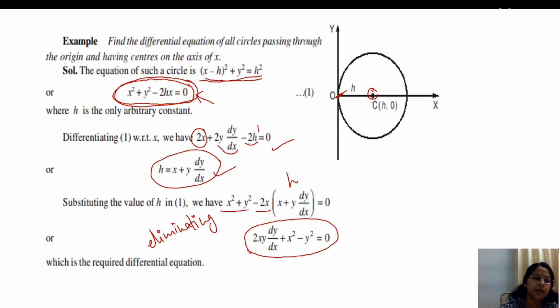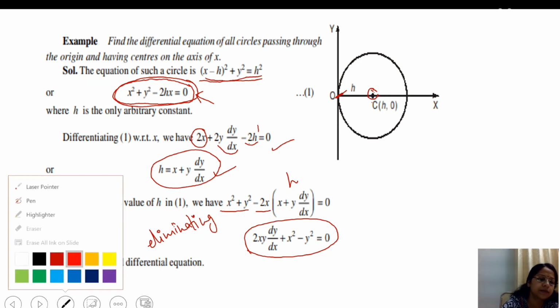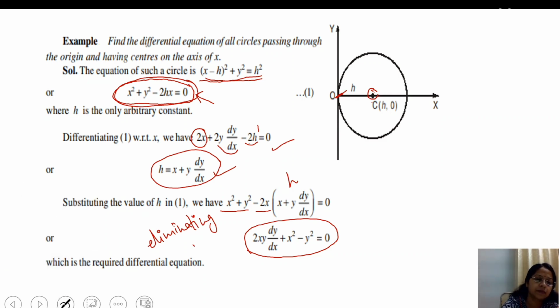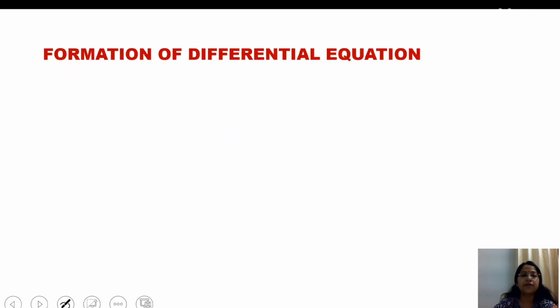So in this way we have formed the differential equation of all the circles passing through the origin. We call it a family of circles. Let's understand some more examples where we have to form differential equations.